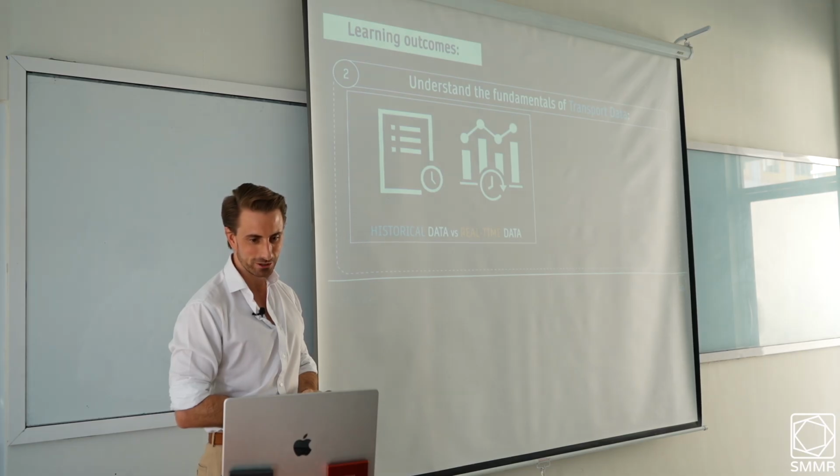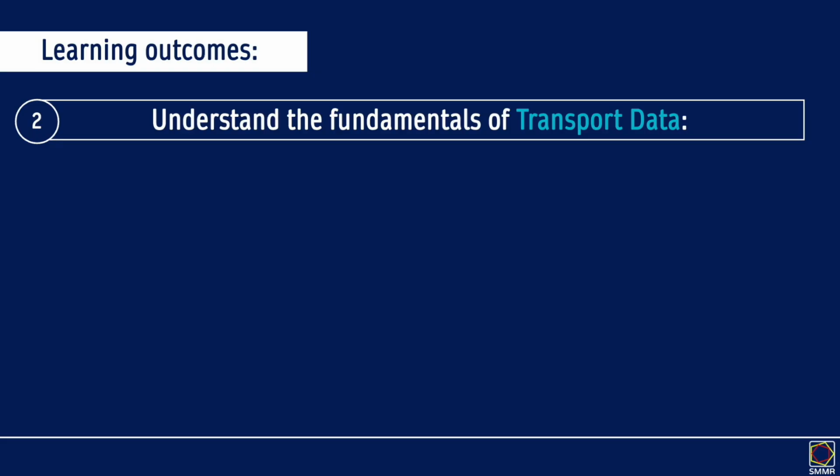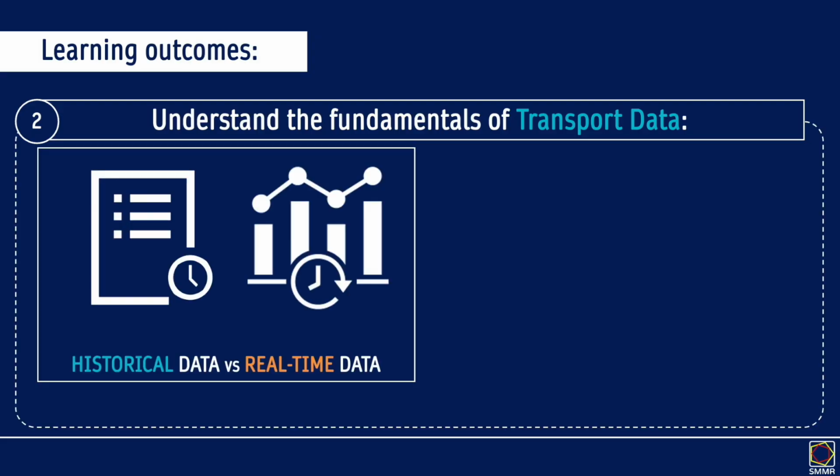And the next learning outcome is for you to understand some of the key terminologies in data. We have 2 big differentiations. One is historical data. Does anyone know what that is? And I know some of you have worked with historical data.